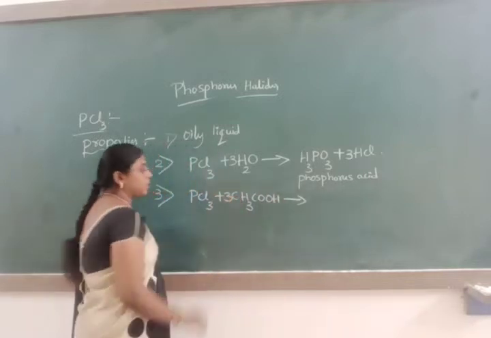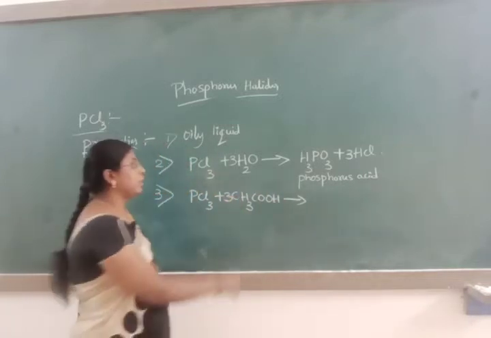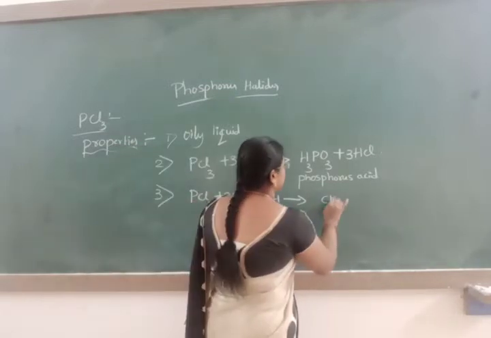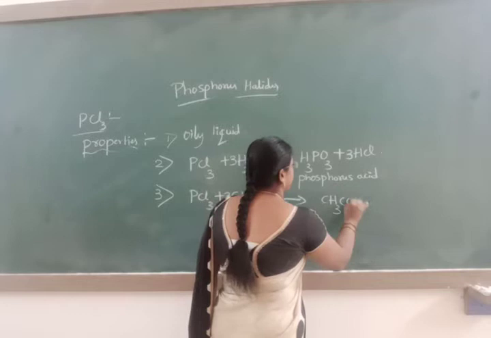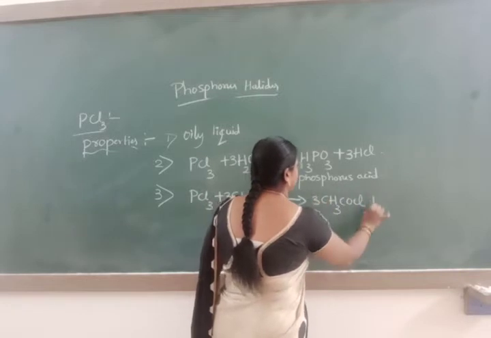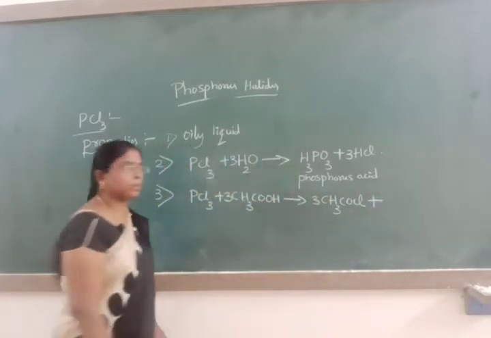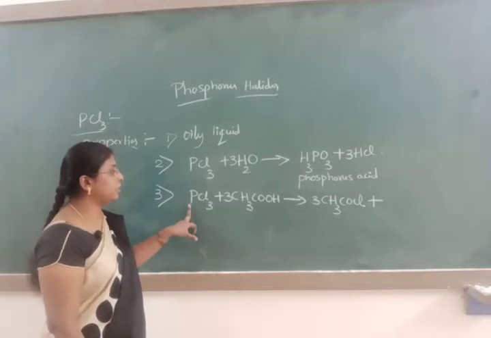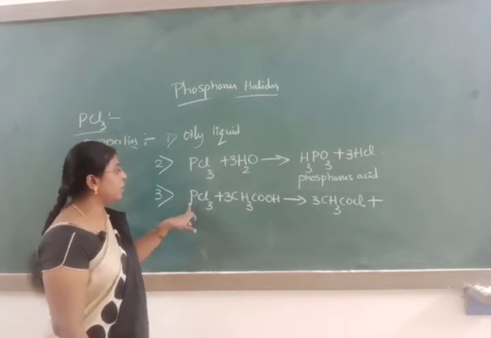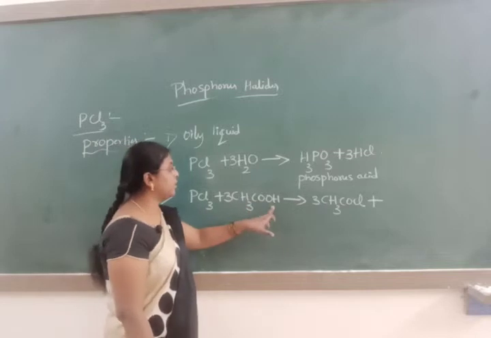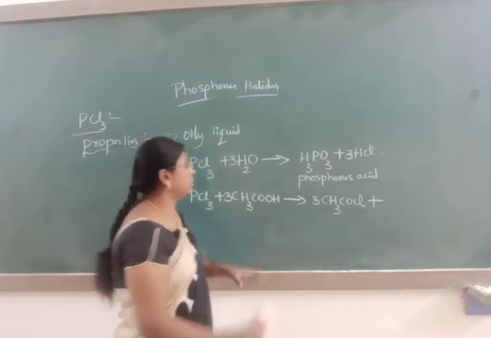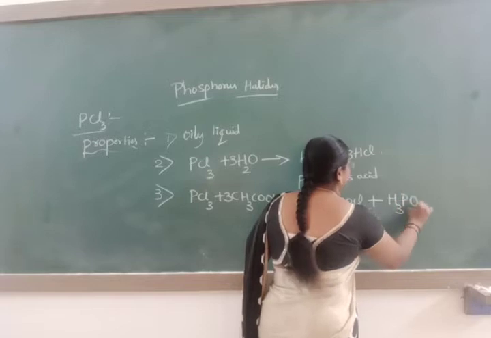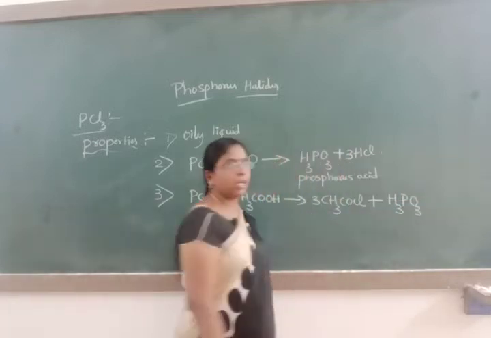It will form acetyl chloride, CH3COCl. Along with acetyl chloride, it will form H3PO3, phosphorus acid.